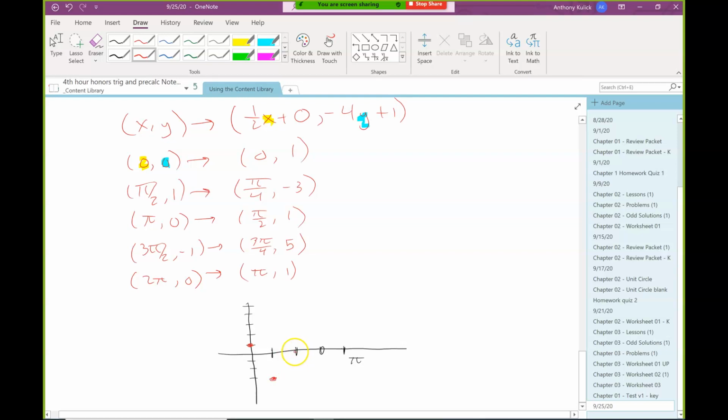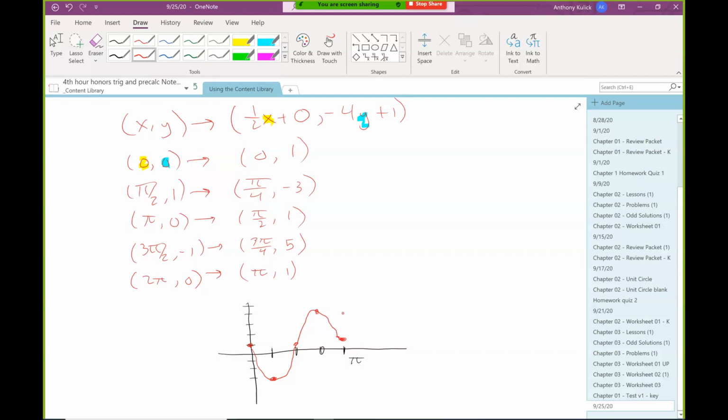And the spot after that is pi over 2, and that's back to 1. And then 3 pi over 2, that's up to 5. And then back to pi, which is back down to 1. So if I connect these then, that is one period of my graph, right?